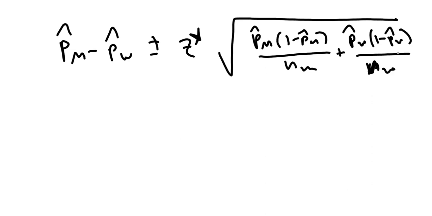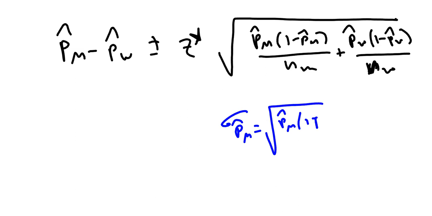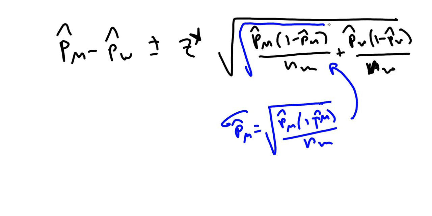So this is the basic format. Now, a couple of things you should notice. We found earlier in the problem the standard deviation of p hat men, and we did that by finding the square root of p hat men times 1 minus p hat men over n men. And if you look at this here, what that really is, it's that standard deviation we found, but squared. And that's why you don't even see the square root, because standard deviation squared goes away.